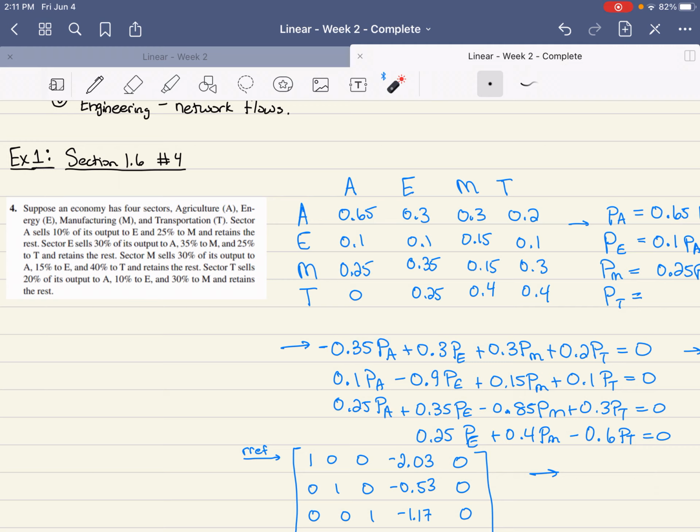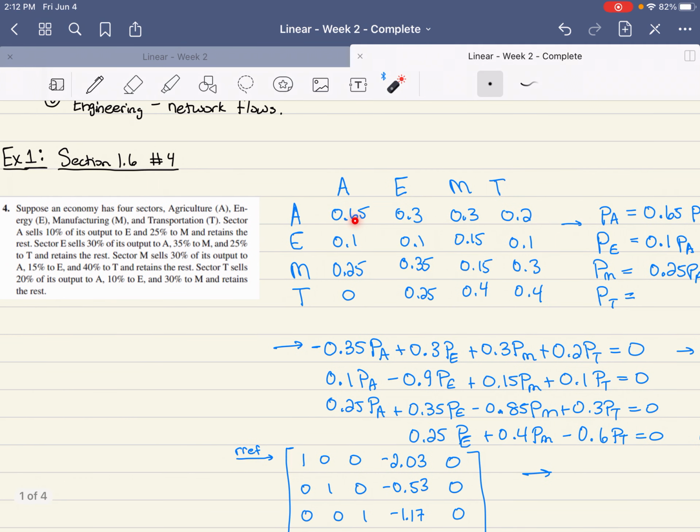And they tell you how much each one sells to the others and how much they retain for themselves. And your job is to find the price that you would set everybody at so that none of the companies make or lose money. So you want equilibrium pricing. So you want to make sure that everybody makes out evenly in all of these transactions.